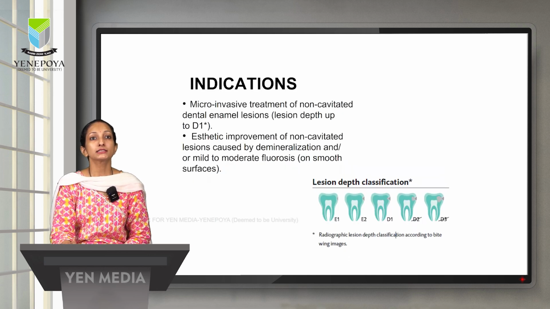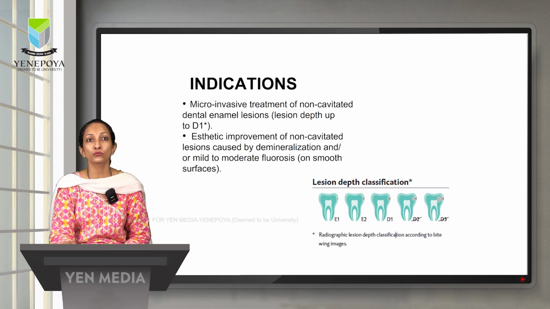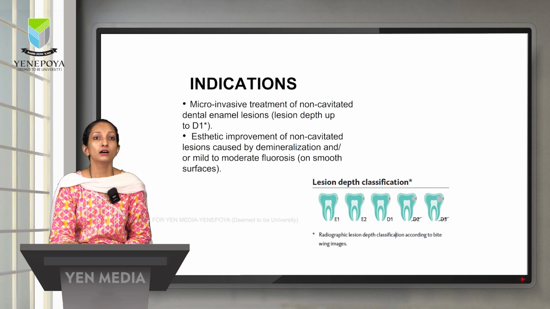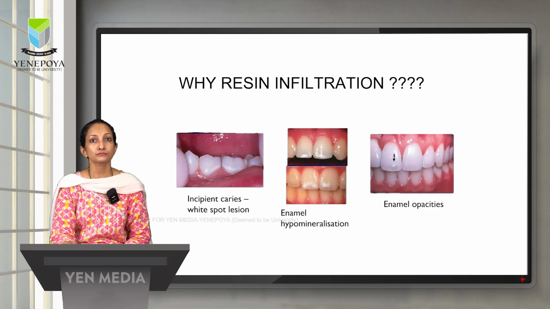Indications: it's a micro-invasive treatment of non-cavitated dental enamel lesions, lesion depth up to D1. As you can see here, it can be treated up to D1 lesions, whereas D2 and D3 are contraindicated. Aesthetic improvement of non-cavitated lesions caused by demineralization and or mild to moderate fluorosis are also another indication.